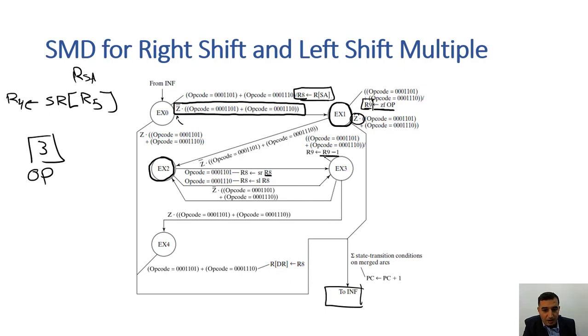Now, if R9 is equal to 0, move the result into where we want to store it. If not, go back to execution number 2 and keep repeating this cycle until R9 is equal to 0. Finally, we store our result R8 into RDR. Here it's equal to R4 in our example, and then we exit.